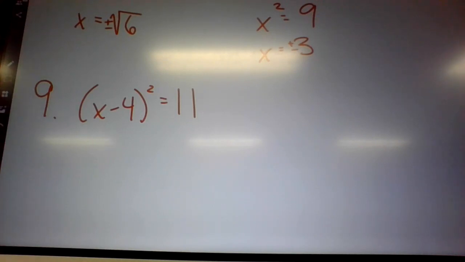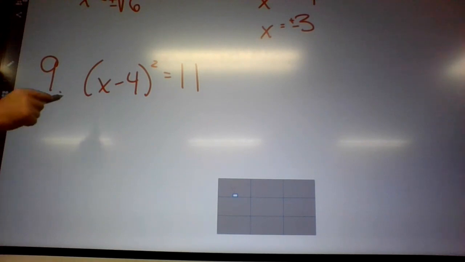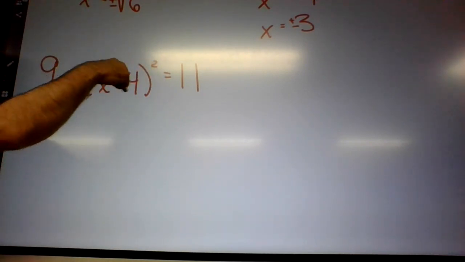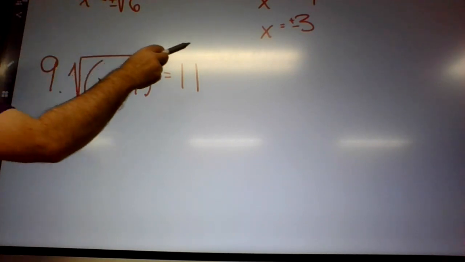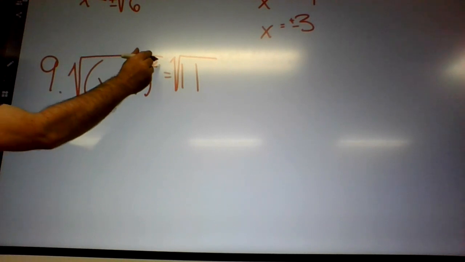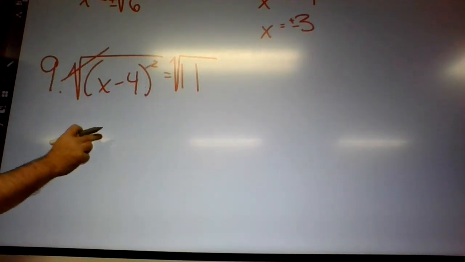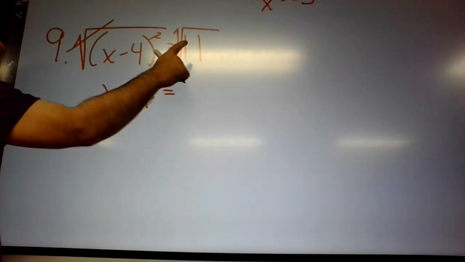All right, James, what should I do on this one? Square root the x minus 4. Right, since this whole side is squared, I can get rid of the square by taking the square root. And over here, the square and square root go away. And what do I have over here?